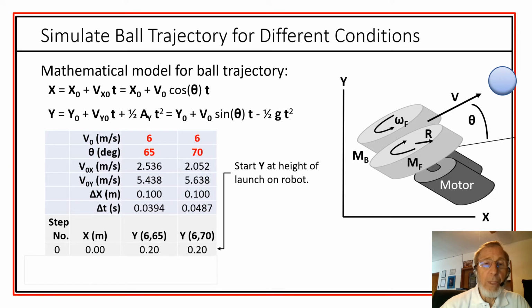So we begin by defining the initial vertical position and horizontal position. In this case, because our launch is going to start not at the floor level, but at some height in the robot, let's say 0.2 meters, that becomes our Y initial.